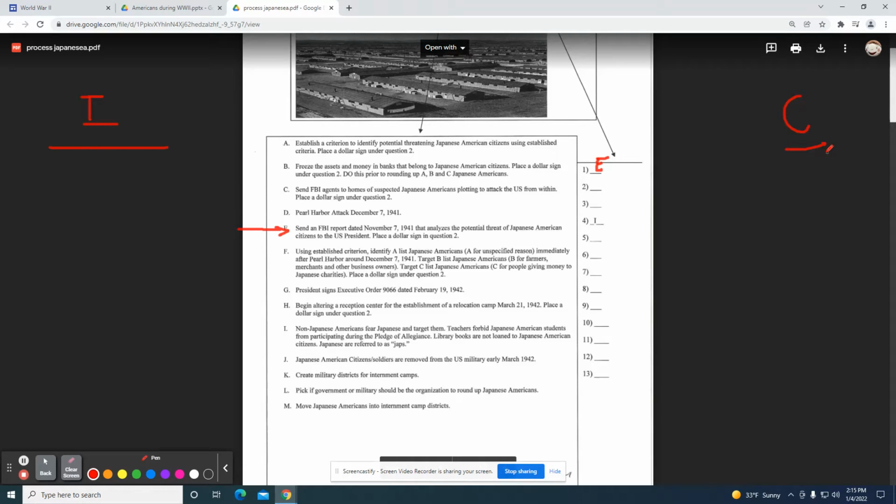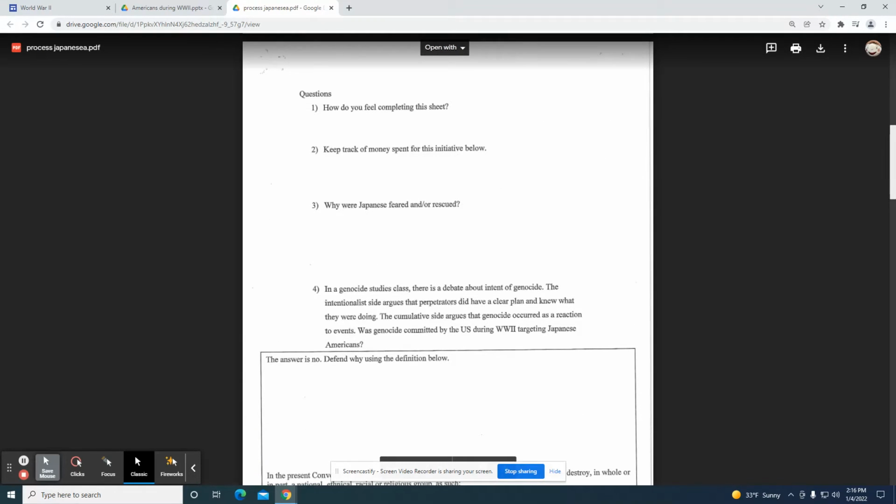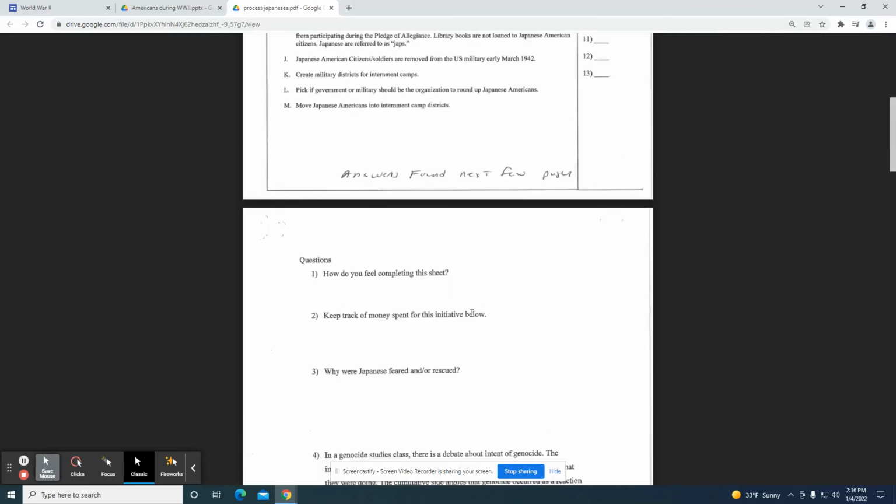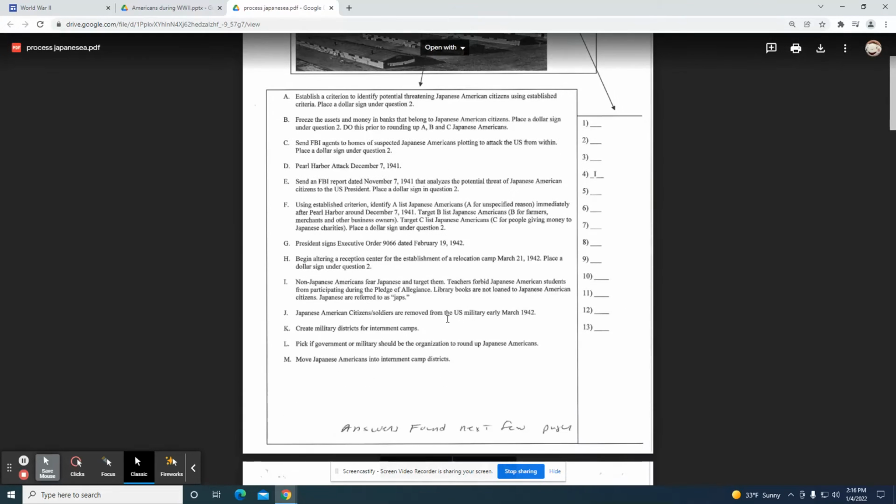However, there has been a lot of criticism around the United States government's decision to place Japanese American citizens into internment camps. And that's the whole point of this activity, to get you to think about that debate. So some of those questions are going to come up again. Why were the Japanese feared and or rescued? It's talking about the genocide debate. So the first thing that's going to happen is, as I said, letter E.